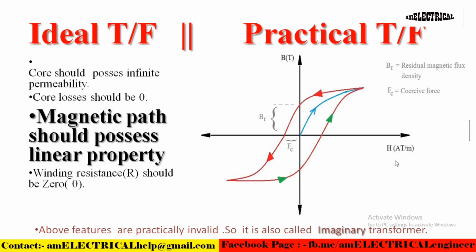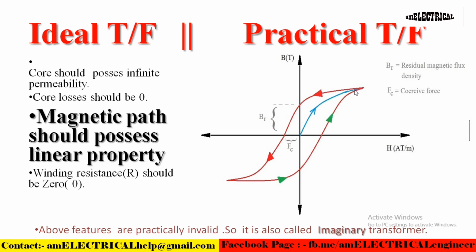Now we will try to understand this magnetization curve. First, B will increase as H increases parallelly. After a certain point, the flux will be saturated, so it will not increase anymore. The curve will bend like this. You can see here, it's clear.